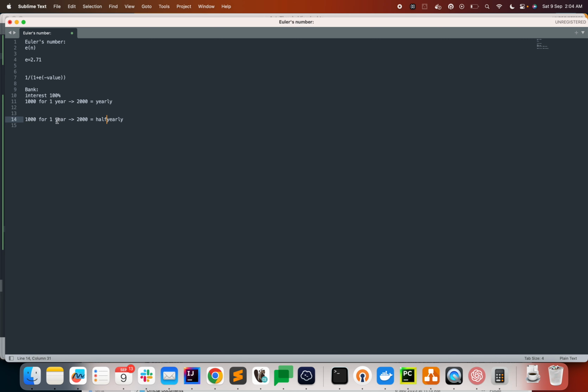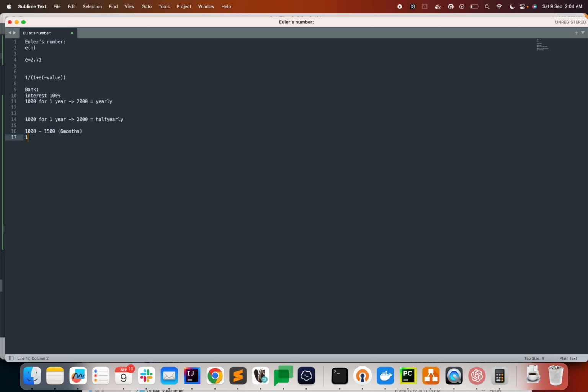In half yearly, after 6 months your principal becomes 1,500, because for 6 months the interest is 50%. Since it's half yearly, they apply interest 2 times.